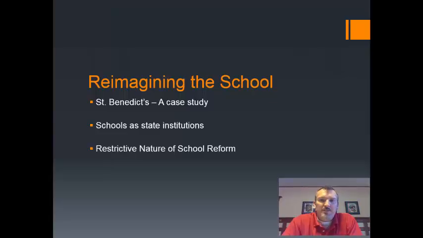I think the final piece is understanding the restrictive nature of school reform. We do compete with different conceptions of what schools should be doing for our students, and what we as educators should be doing within our classroom. As such, what we might want to do could ultimately be stymied by other forces. That doesn't, however, mean we don't attempt to engage in those types of reforms.